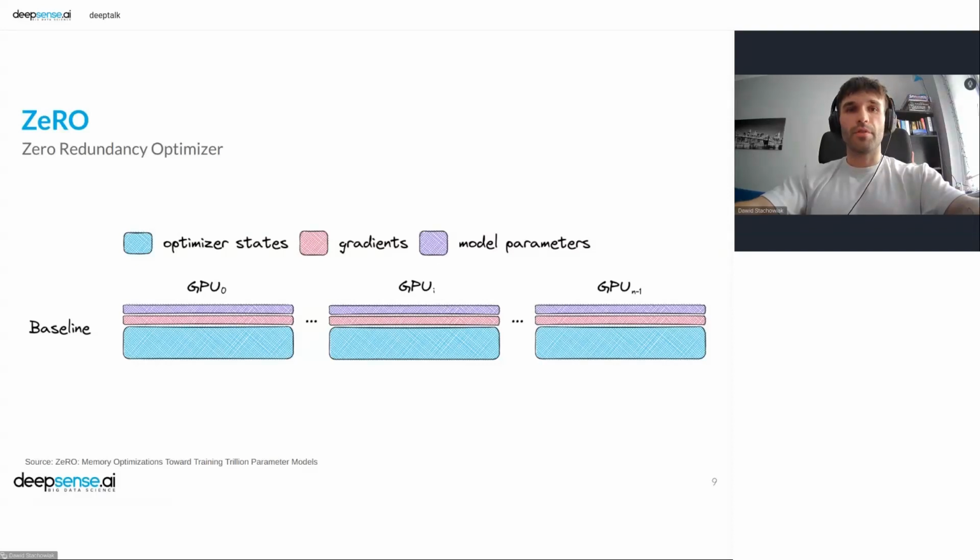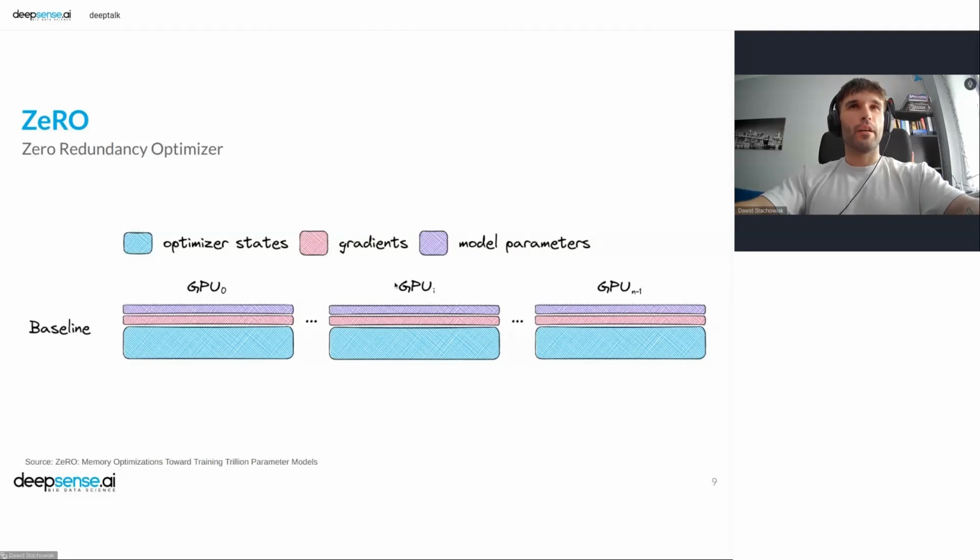The authors of the paper, which is listed at the bottom of the slide, found out that the memory during data parallel training can be optimized to tensor parallel efficiency while keeping the communication efficiency of data parallel. So on the image, you can see the baseline to which we will compare, and it is raw data parallel.